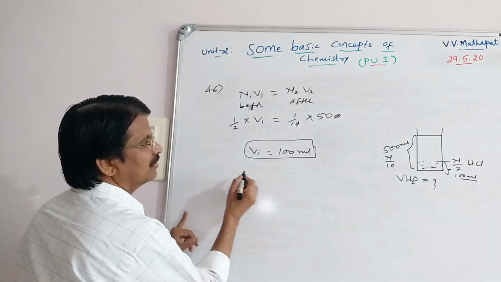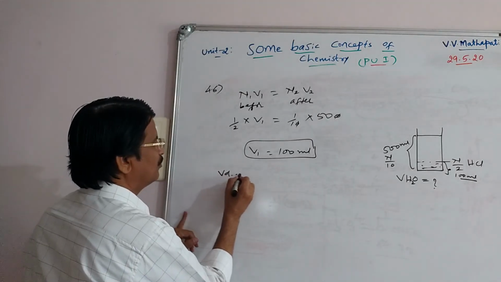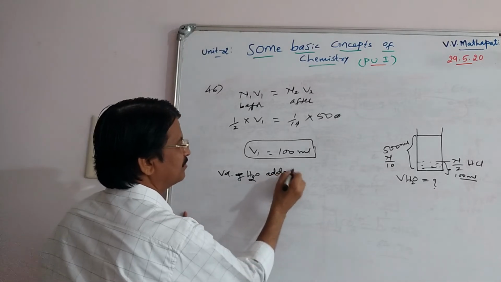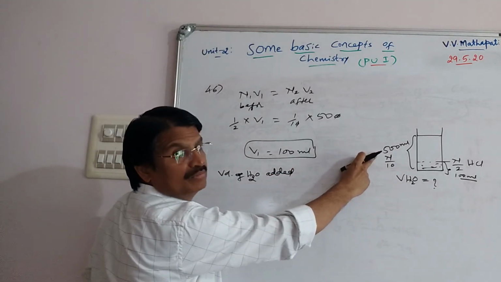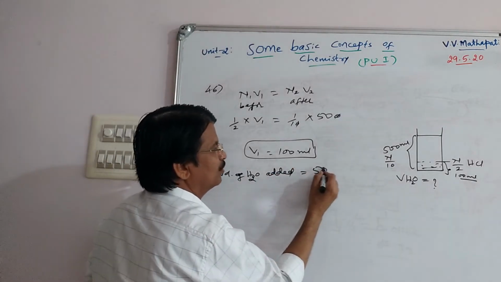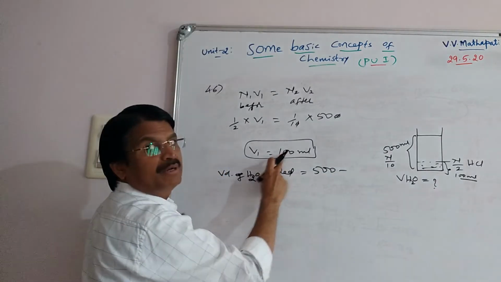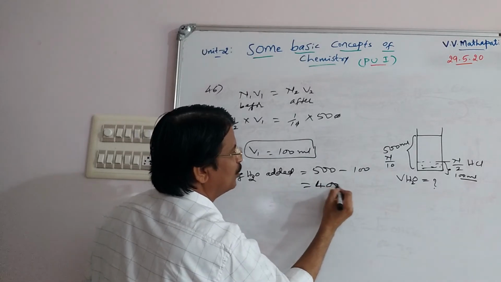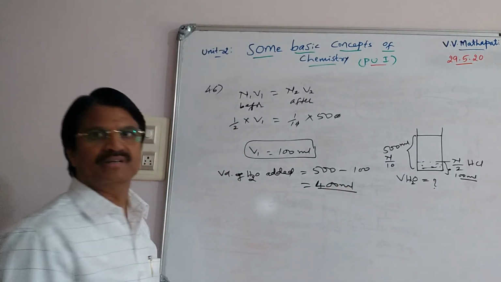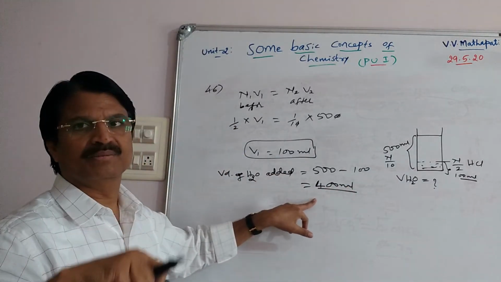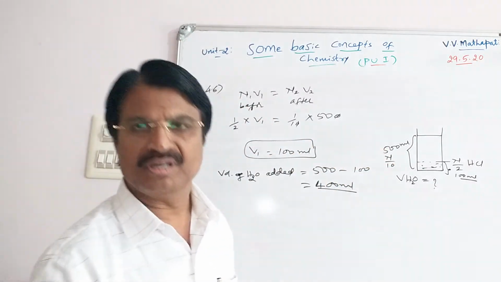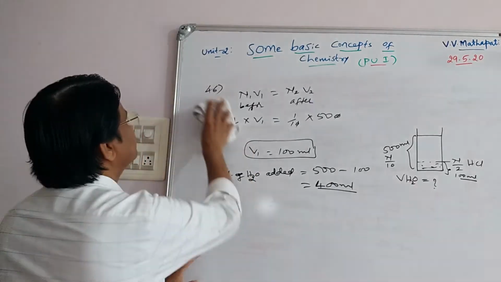Therefore, the volume of water added, but this is total volume 500 and 100 ml is present in the beaker. Therefore, actual volume added is 400. You have to add extra 400 ml in the beaker to get 500 ml solution. So this is based on normality and molarity.